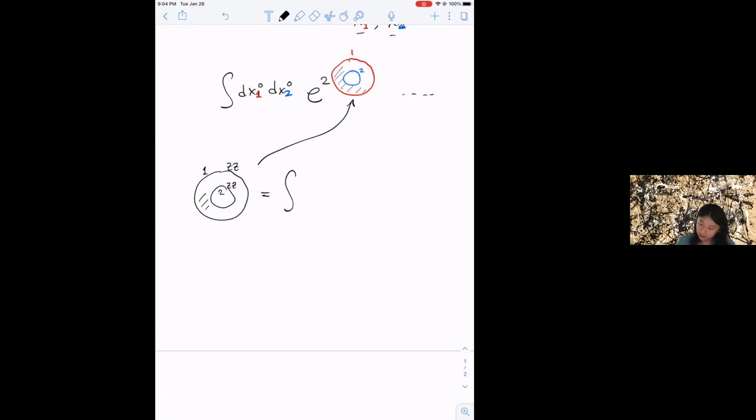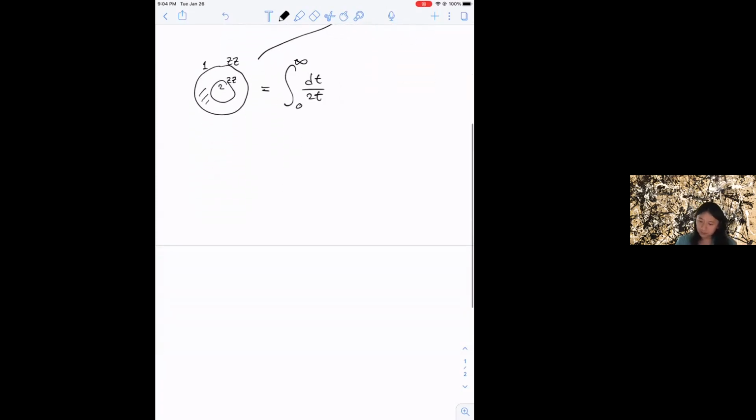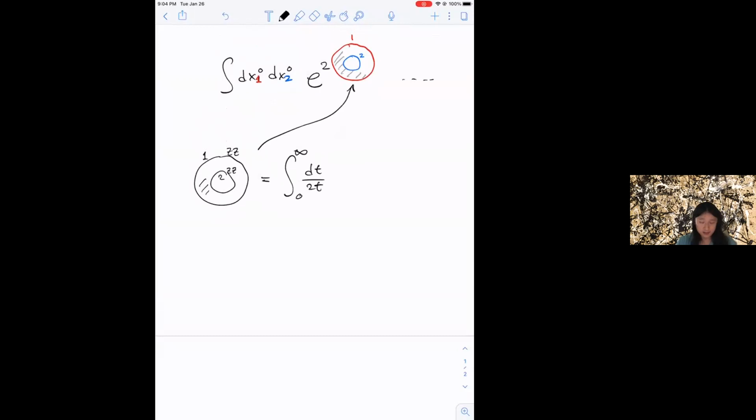You have the integration of the cylinder modulus dt over 2t, which is the volume of the conformal Killing group, as in any open string one-loop computation. Then the worldsheet theory involves a tensor product of three parts: Liouville, the time-like boson, and the bc ghosts. The Liouville partition function, remember, is just a vacuum character, as I discussed last time.